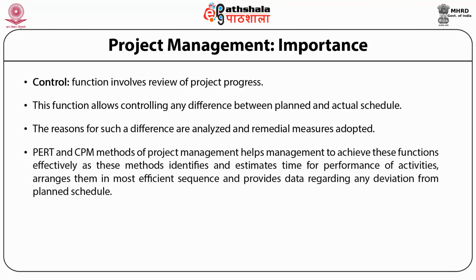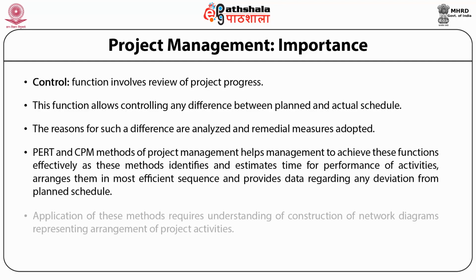PERT and CPM methods of project management help management to achieve these functions effectively, as these methods identify and estimate time for performance of activities, arrange them in the most efficient sequence, and provide data regarding any deviation from the planned schedule.